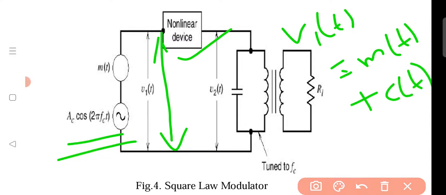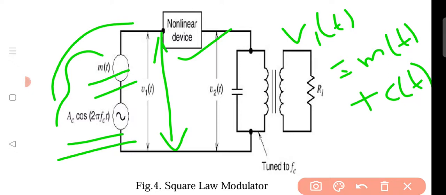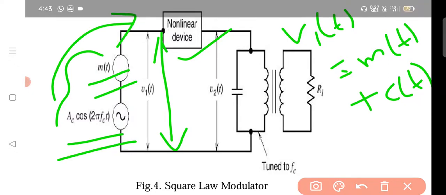Here the carrier generator is there, and this is the message generator. C of t means Ac cos 2 pi fc t. I discussed this in the previous class. These two are fed to the non-linear device.